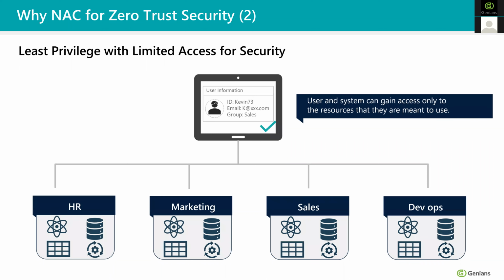As in the image on this slide, the device with the ID cabin73 in the group of cells is allowed to access the inside, but it can only access the cells, not other resources. Please don't overlook that even if the device is inside, it does not always mean it is a trusted one.